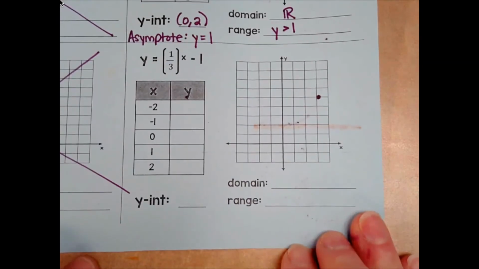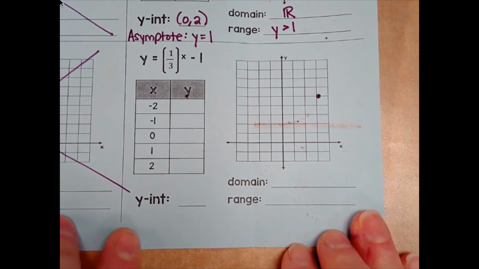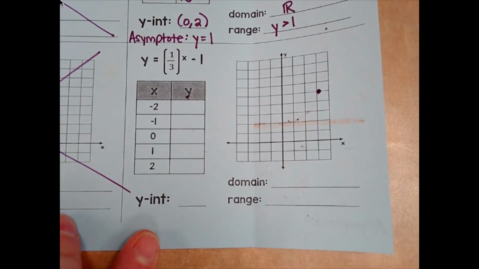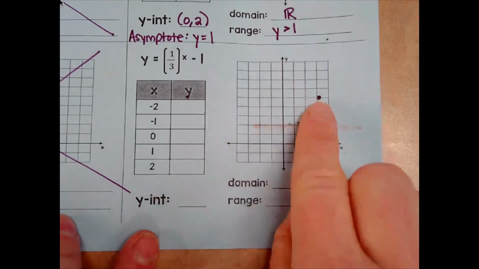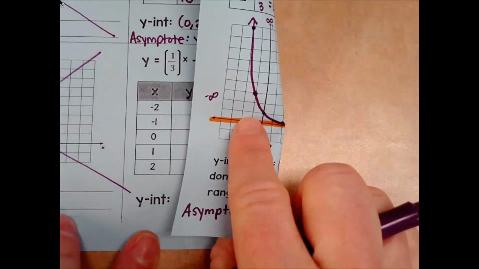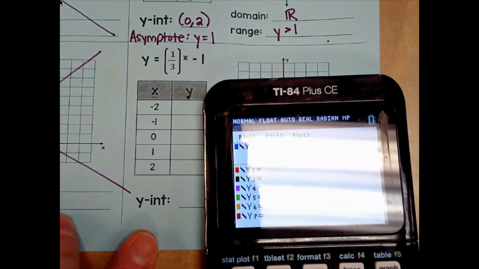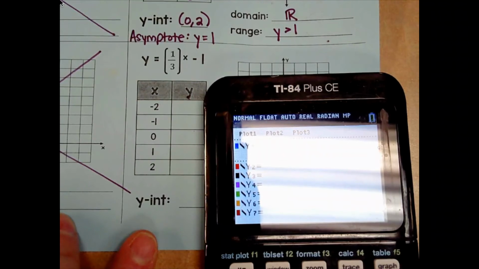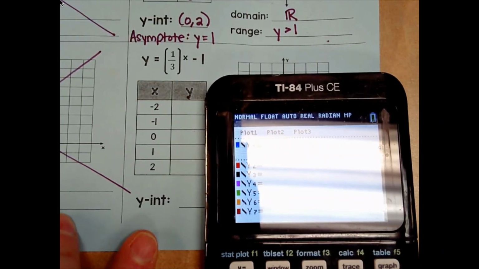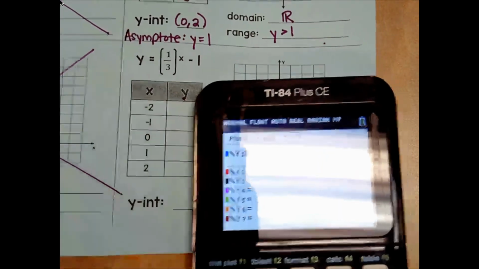Okay, the last example we're going to do is this one. Go ahead and plug it in your calculator. I think this point was a reflection of that. So let's put this in. 1 over 3 raised to the x minus 1. Oh, that's really hard to see.